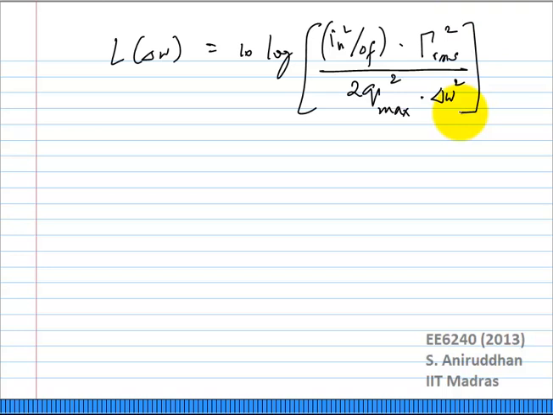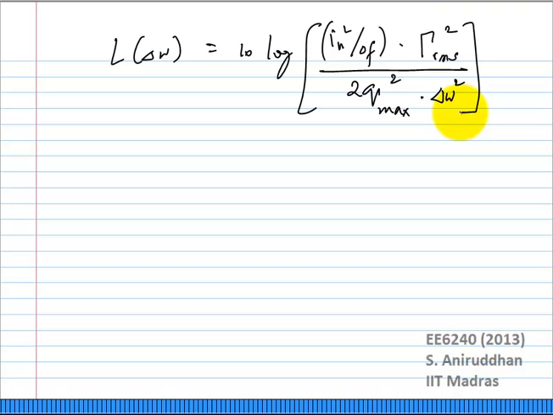Obviously, what you understand from this is that if you need to reduce your phase noise, one of the things you need to do is reduce gamma RMS squared. If you had some impulse sensitivity function, you need to reduce the RMS value of that. You need to reduce the energy in Cm squared.